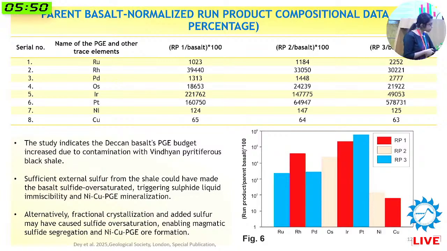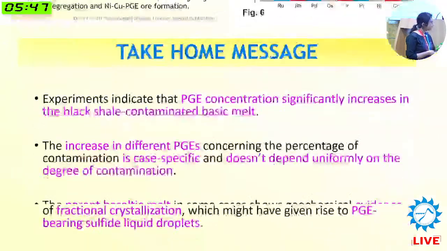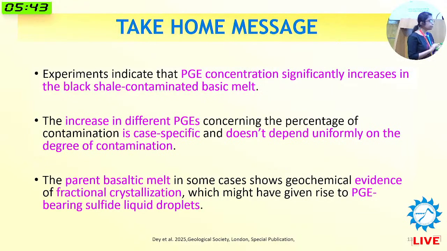So from this study we can conclude that contamination with the pyritiferous black shale is definitely increasing the PGE budget of the basalt, but the element-wise increase of the concentration is not uniformly dependent on the percentage of contaminant, and because of this contamination, because of sulfide oversaturation, sulfide droplets may form in the contaminated melt, which may in turn give rise to PGE mineralization.